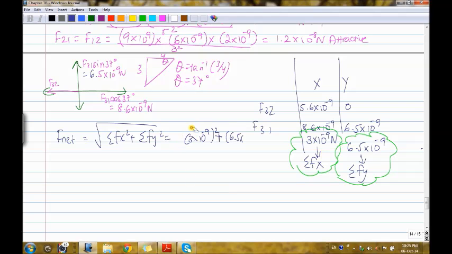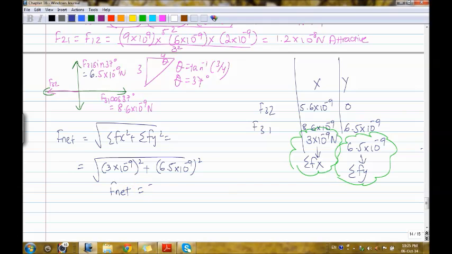So now we find the F net. 3 times 10 to the power of negative 9 squared plus the Fy, which is 6.5 times 10 to the power of negative 9 squared. So the F net would be 7.15 times 10 to the power of negative 9 Newton.